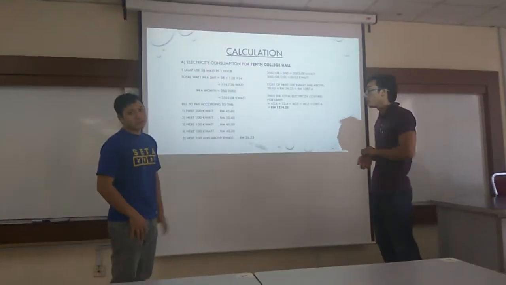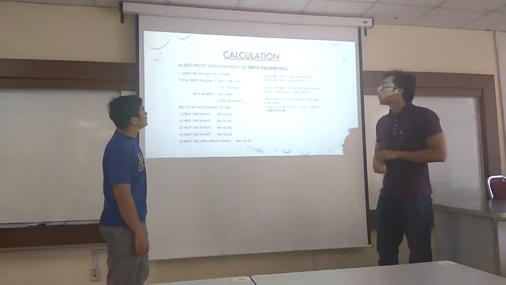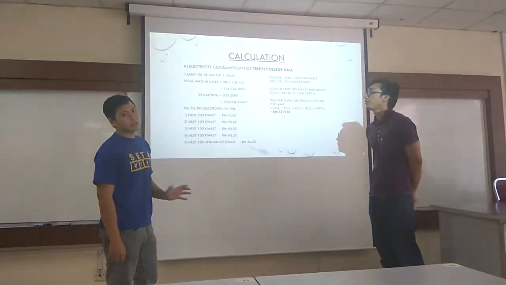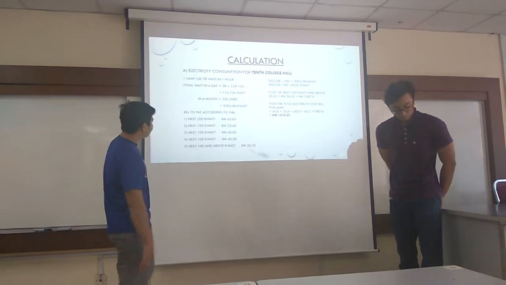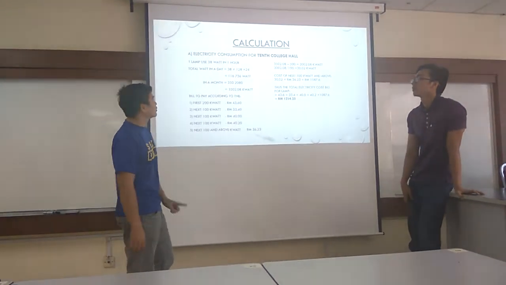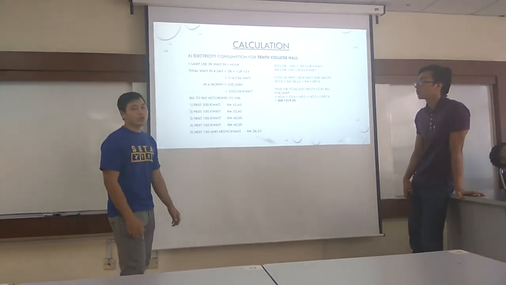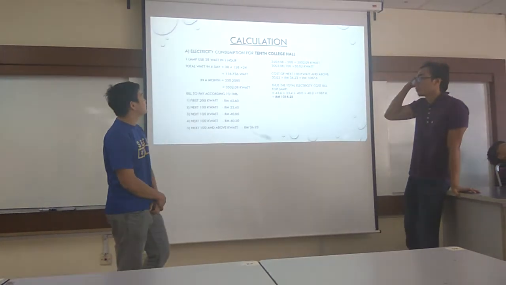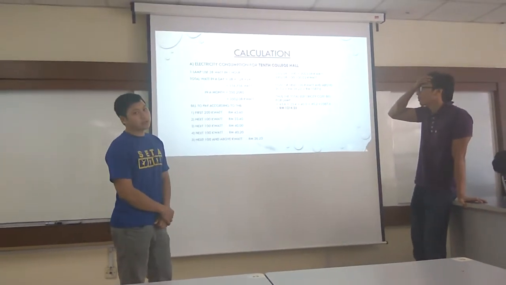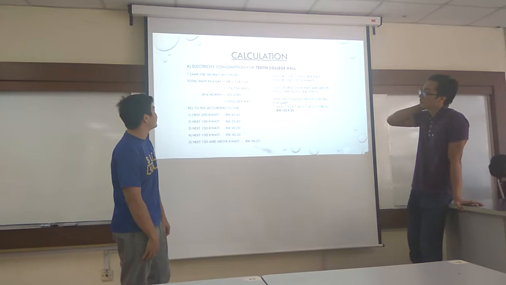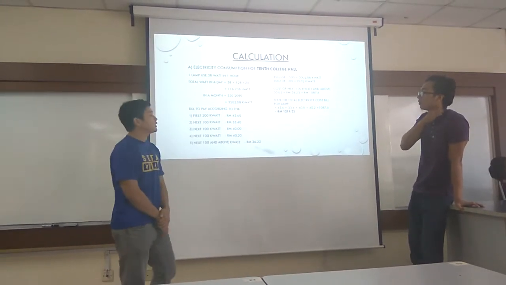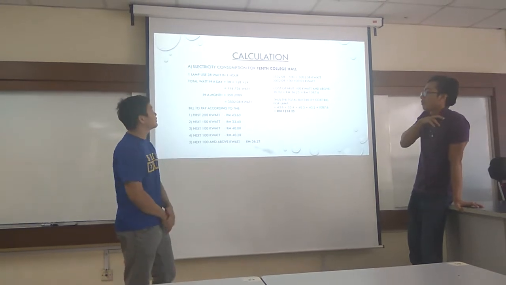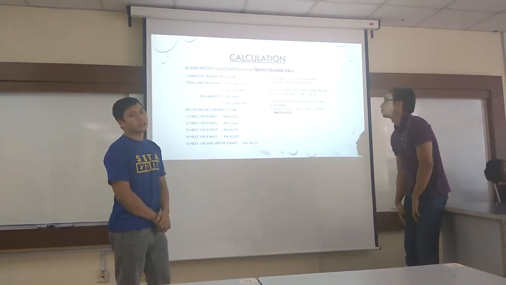And now I will show you the calculation first, before the solution proposal. We assume that one fluorescent lamp in 1 hour will produce 38 kilowatt of energy, and in the main hall we have 128 lamps.